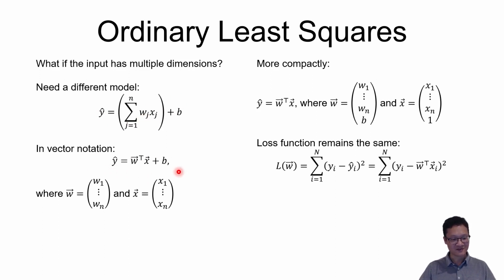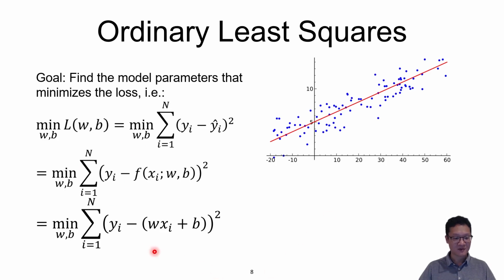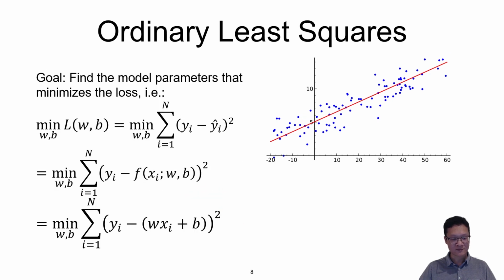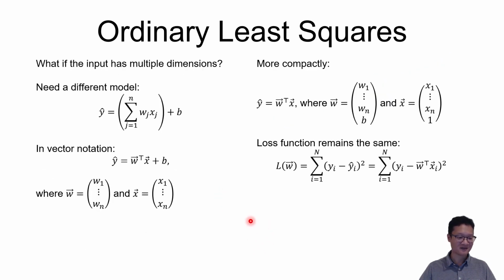This looks like the previous model over here, or even earlier over here. But since we're using vector notation anyway, we may as well define w to include b, and define x to include 1 as well, and then we can simplify our model.